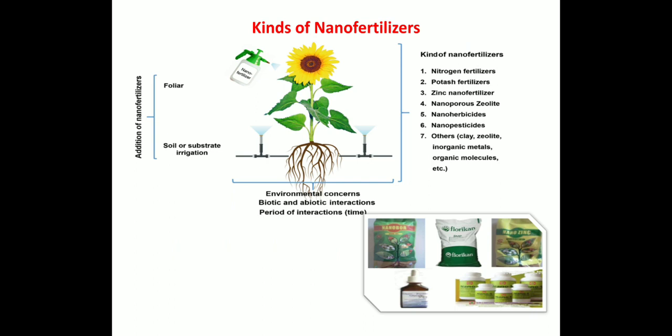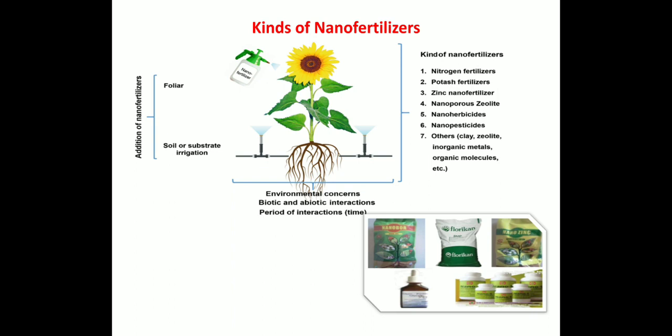Then kinds of nanofertilizers. There are different kinds of nanofertilizers used as foliar as well as soil applications, which will be concerned with the environment as they overcome the biotic or abiotic interactions. There are the different nanofertilizers, that is nitrogen fertilizer, potash fertilizer, zinc nanofertilizer, nanoporous zeolite, nanoherbicide, nanopesticide.